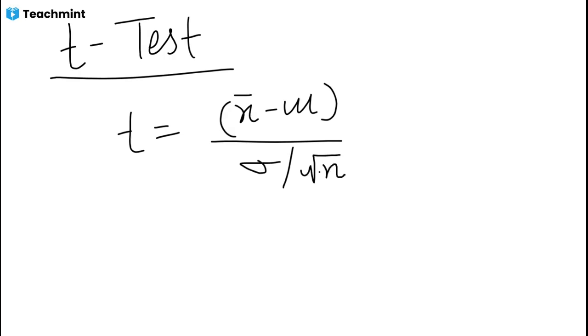They'll give you sample mean and population mean, standard deviation, and number of values, or they can say sample size instead of number of values. They can say that sample size is this.